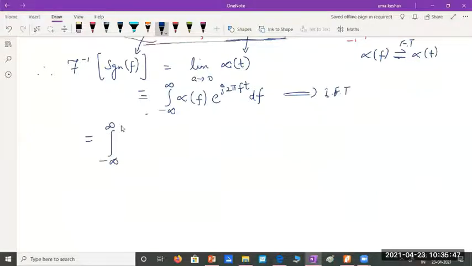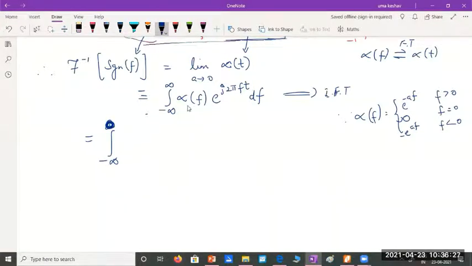Minus infinity to plus infinity, or let me split the integrals, it will be easier, because this alpha of f, what have we defined this alpha of f as? Alpha of f was defined as e power minus af at positive frequencies, 0 at 0 and minus e power af at negative frequencies, right? So I have to split this integral into positive and negative frequencies. I'll break this integral from minus infinity to 0.